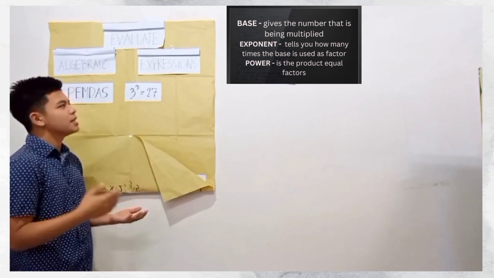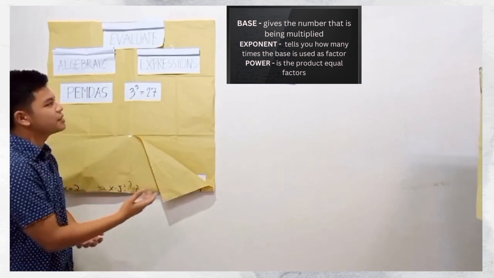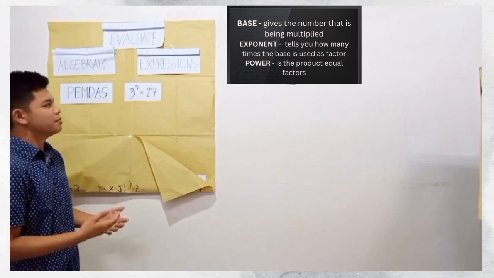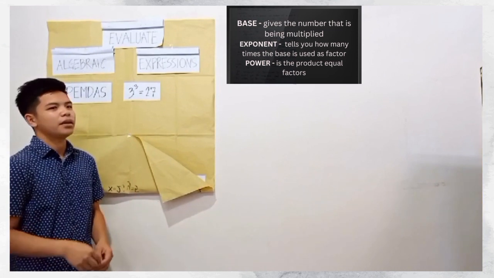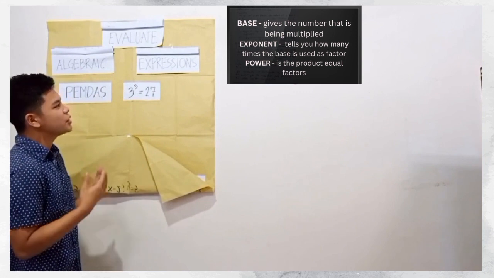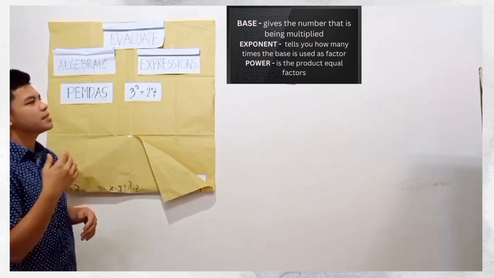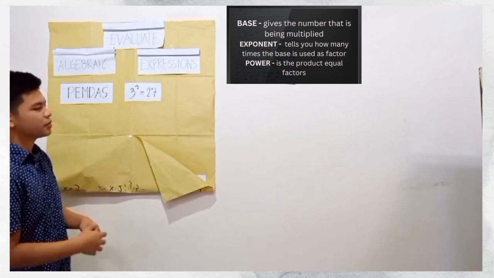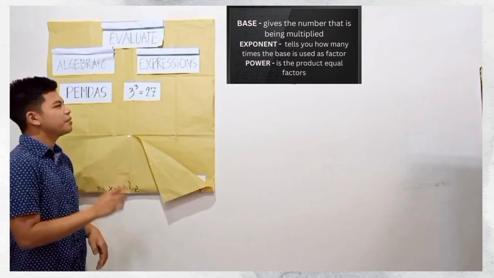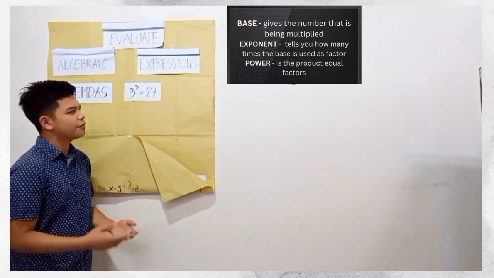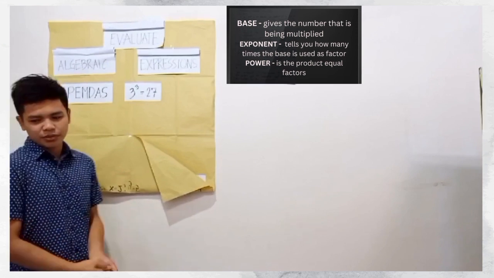The base gives the number that is being multiplied. An exponent tells you how many times the base is used as a factor. And the power is the product of equal factors.